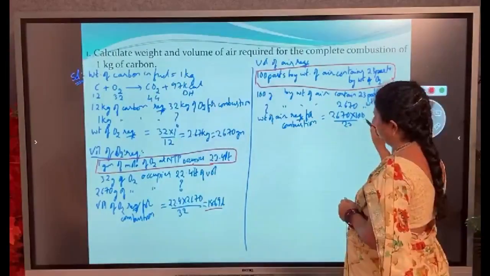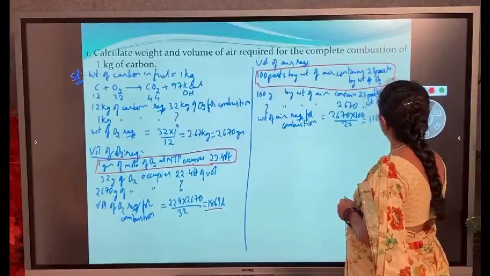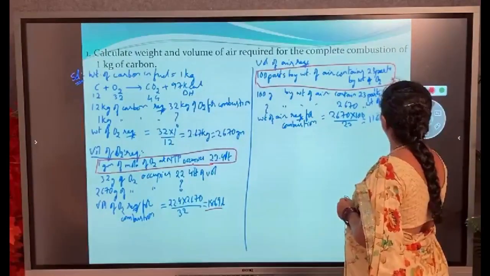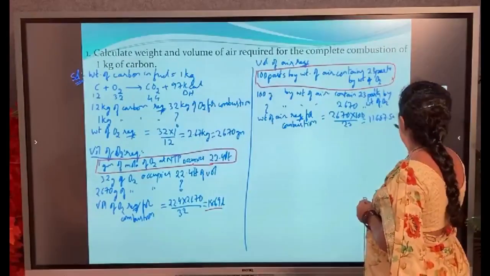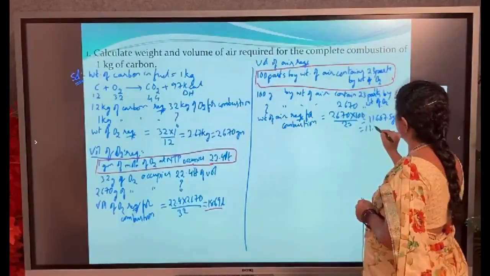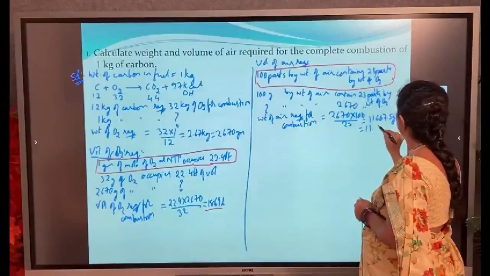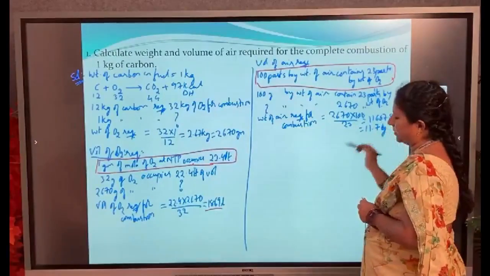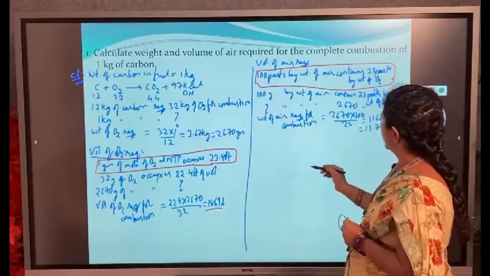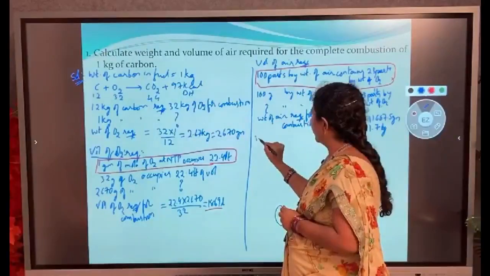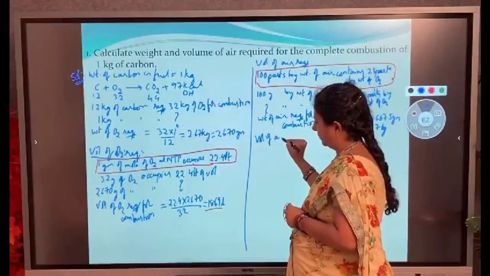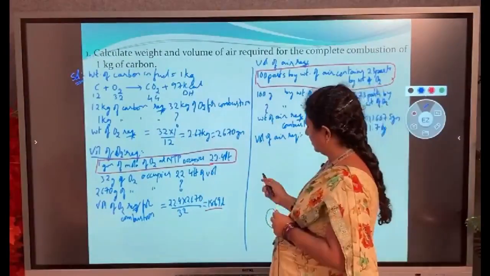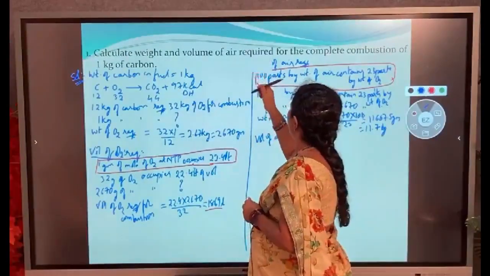This will be equal to 11,607.5 grams, which is almost equal to 11.7 kgs. Next, volume of air required. Sorry, this is the weight of air required.